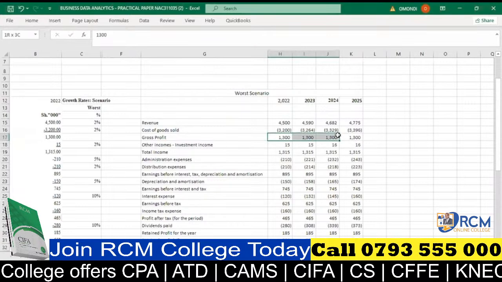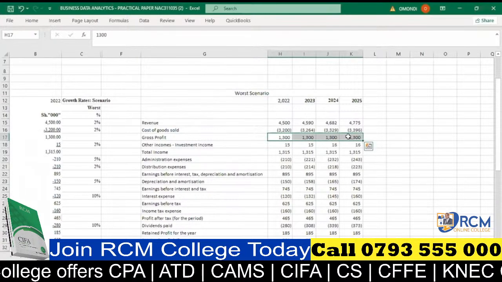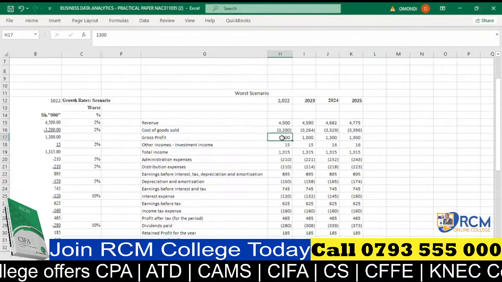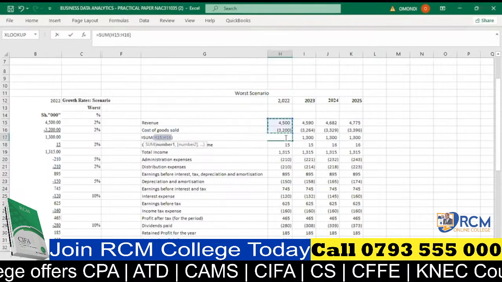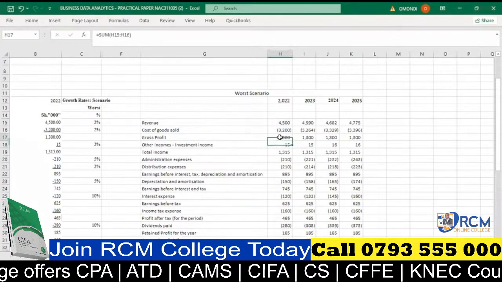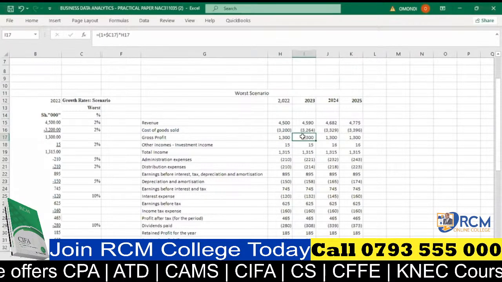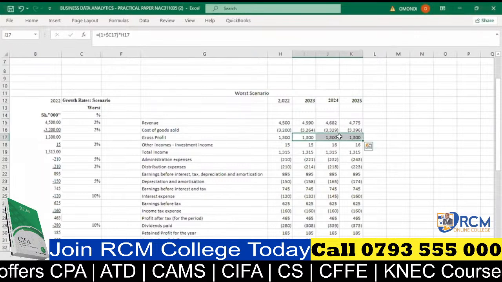Just highlight, because we have a negative. So what do we do? We just get the formula, so just say Alt to get that. Of course, it will give us 1300, but now this other one should be different. So just highlight this other side, then you say Control R.